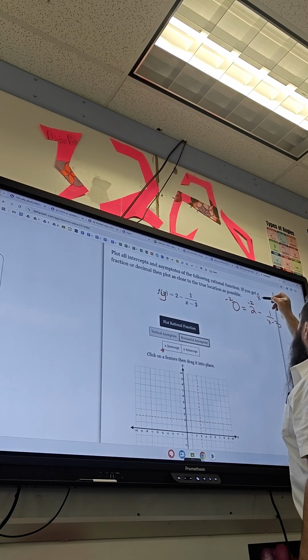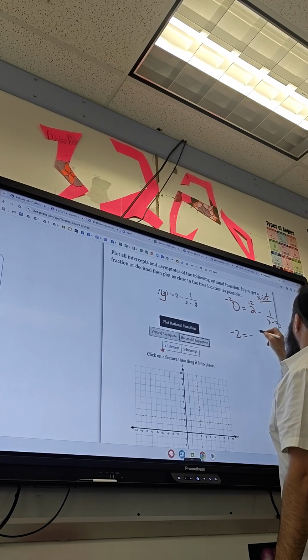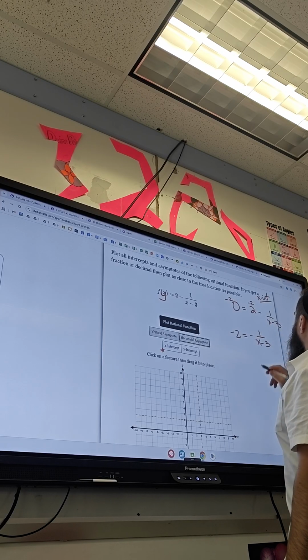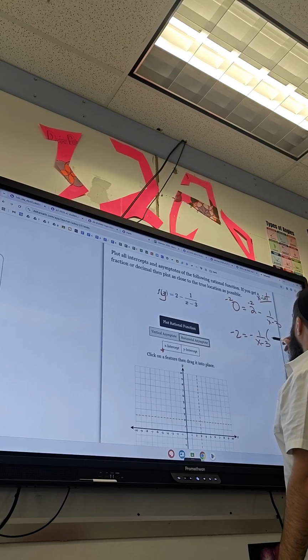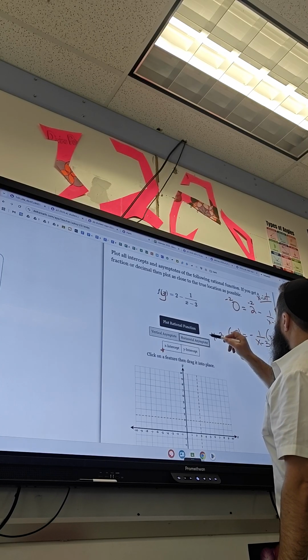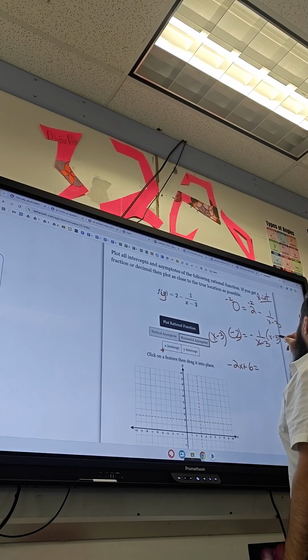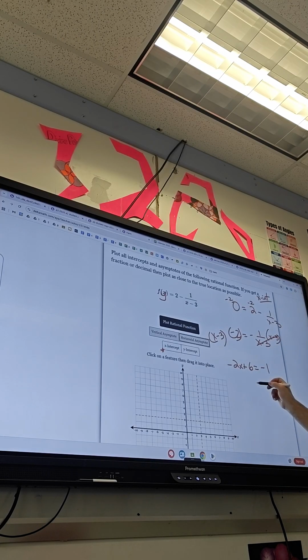This is the x-intercept. So -2 equals -1 over x minus 3. Then I'm going to multiply everything by x minus 3, or cross multiply. So we get -2x plus 6 equals -1. So then -2x equals -7. So x equals 7 over 2, which is 3.5.